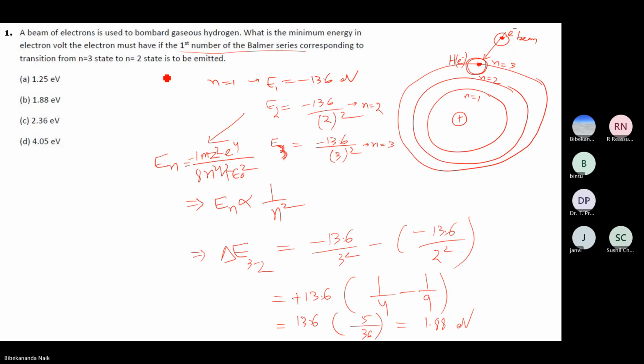So there is a transition from n equal to 3 state to n equal to 2 state to be emitted. If the electron collides with the electron of this hydrogen atom, then the transition will occur from n equal to 3 to n equal to 2. So this 1.88 is the energy difference between these two energy levels, E3 and E2. So delta E is nothing but E3 minus E2.